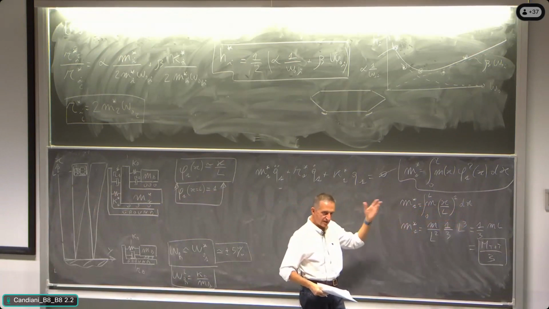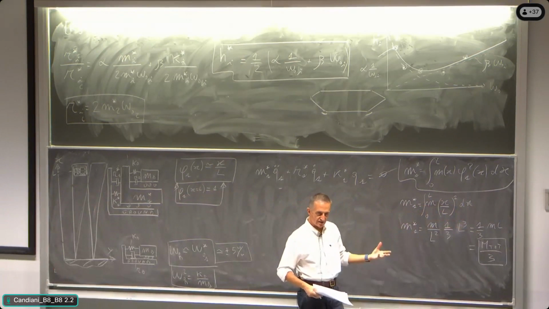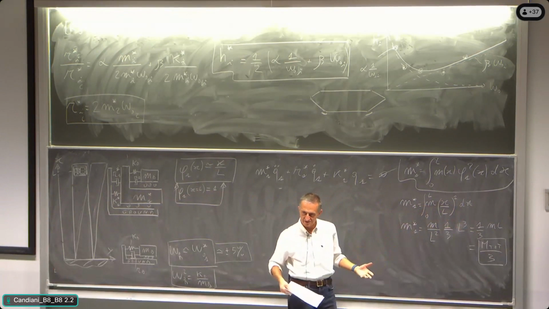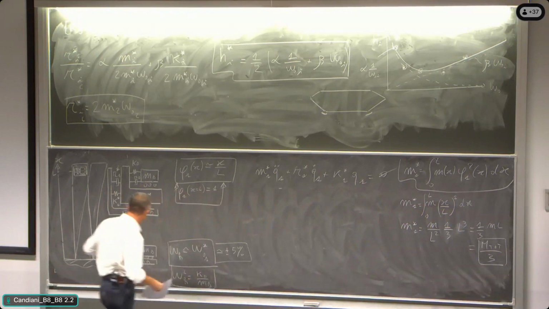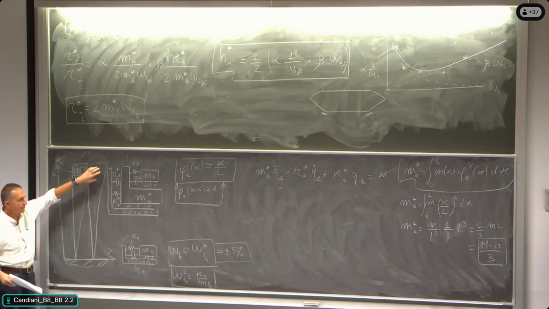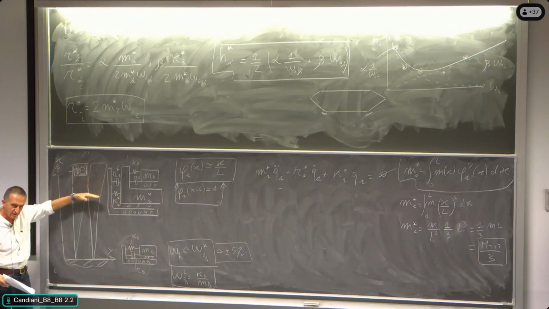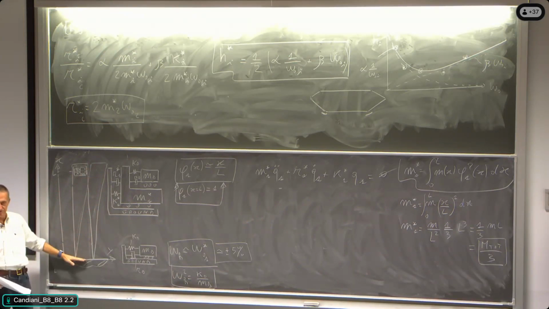The modal mass associated with mode 1 is not the total mass, because the system is not moving here, and it is moving 1 over here. So the contribution of the distributed mass is 1 here, but then it lowers, and it is 0 here.